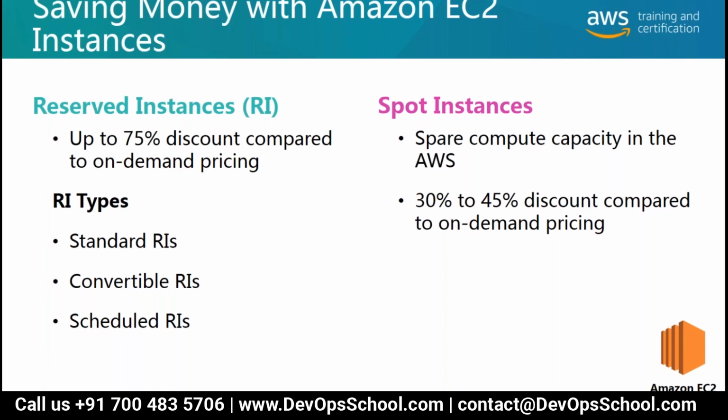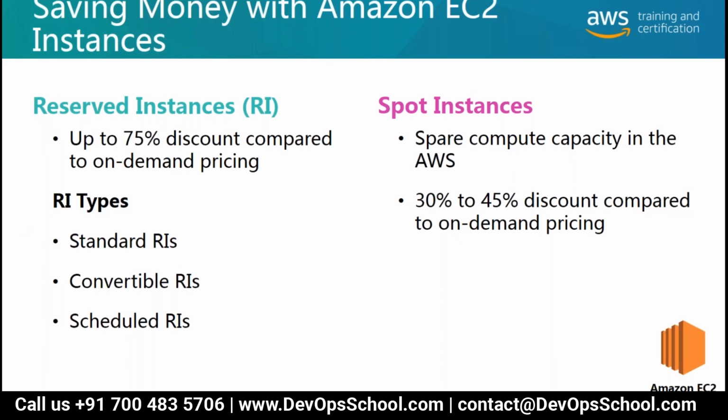Convertible RIs provide a discount of up to 50 odd percent when compared to on demand, but with the capability to change the attributes of the RI as long as the exchange results in the creation of a reserved instance of equal or greater value. Convertible RIs are best suited when you have steady state usage. In convertible RIs, you can convert the properties of the instances.